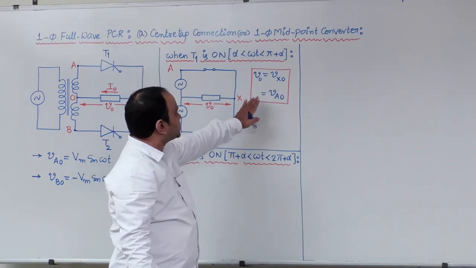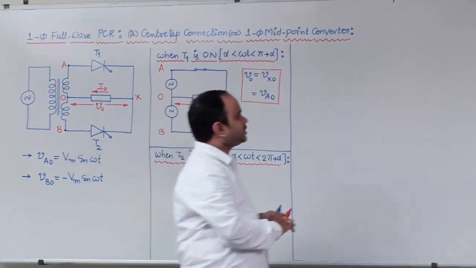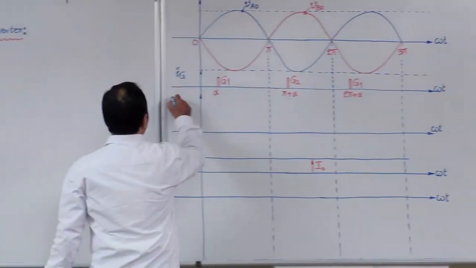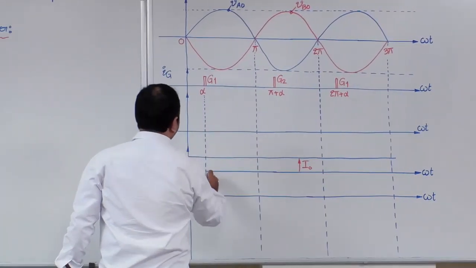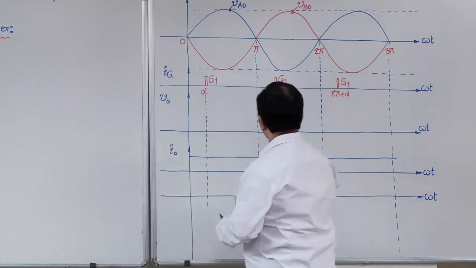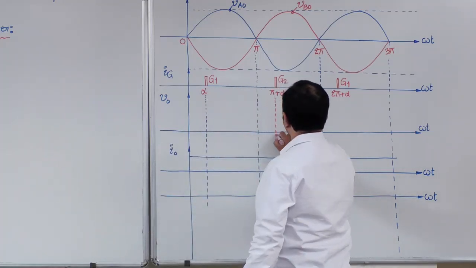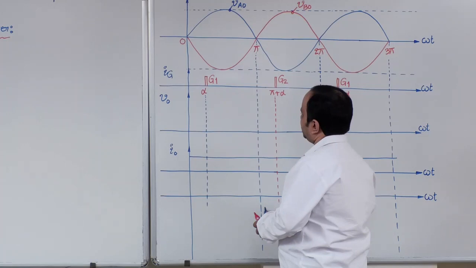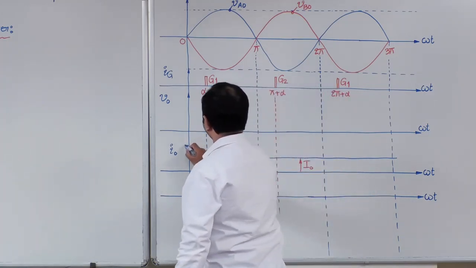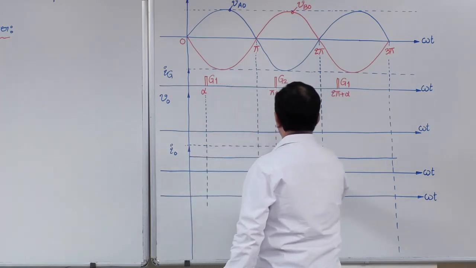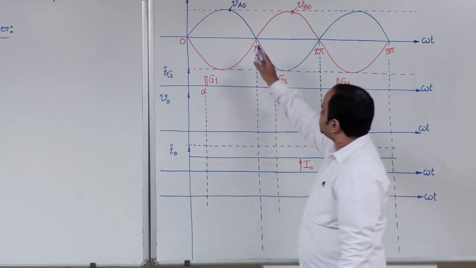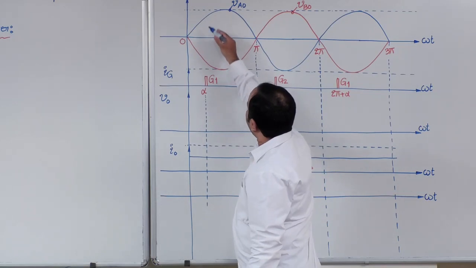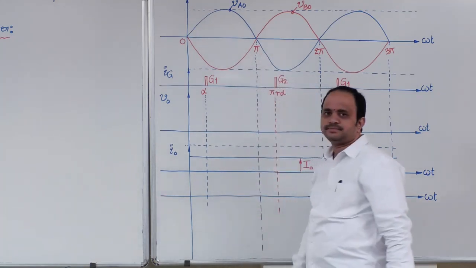Let us put this conclusion in the waveform: from alpha to pi plus alpha, the output voltage is the same as VAO.